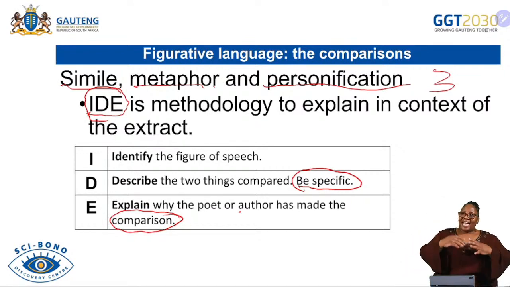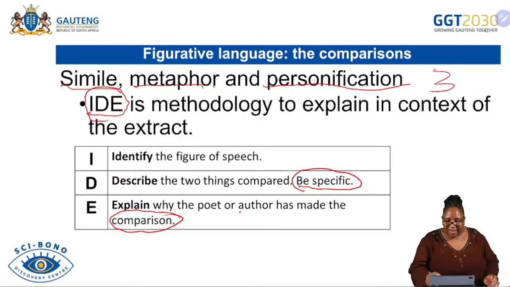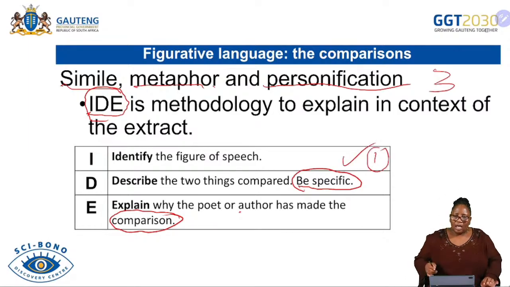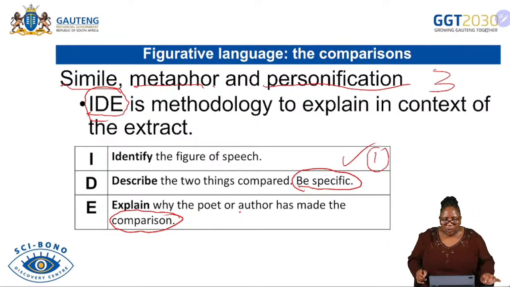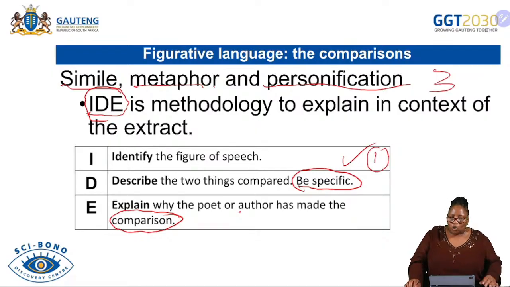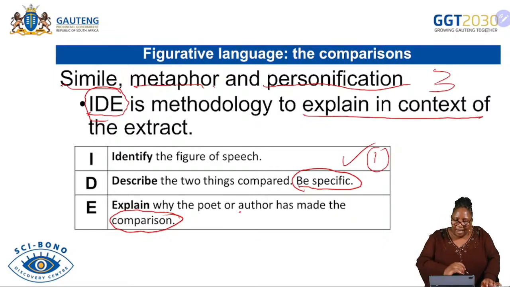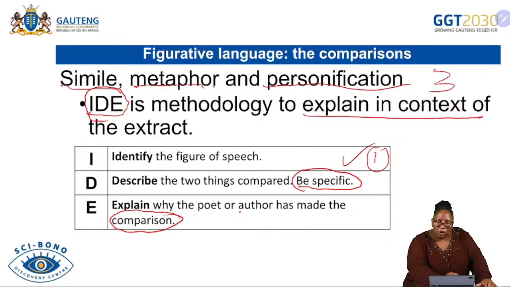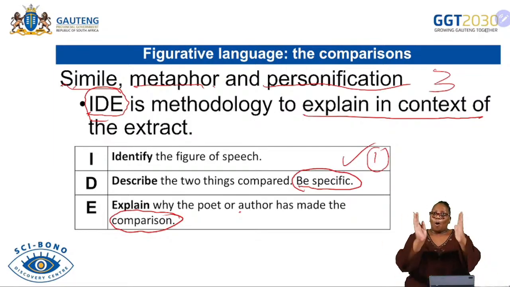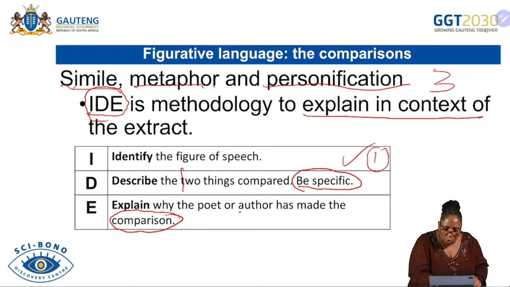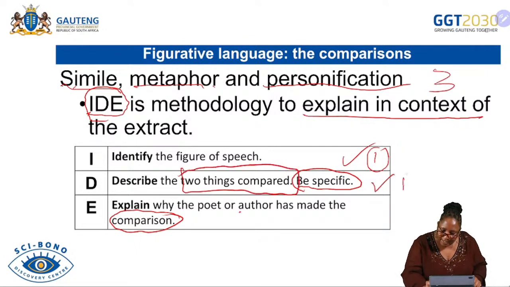In an ideal exam scenario, when we ask you to identify a figure of speech, it's for 1 mark. And when we ask you to describe or to explain in context, what happens now? You are going to show us that you understand what a simile is by comparing the 2 things, and you get a mark for that.